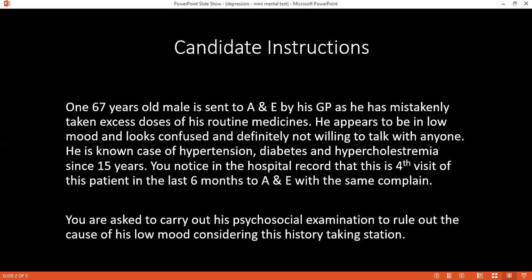Yes. Mr. Smith, 67 years old, presented to us, referred by the GP because of taking extra medicines and repeatedly talking with low mood and confusion. After taking his history, I found that he is depressed and showing no interest in any kind of work, and he also feels so tired to talk with me.